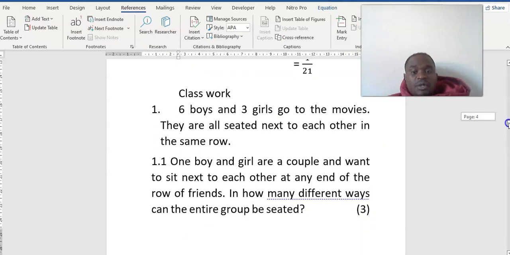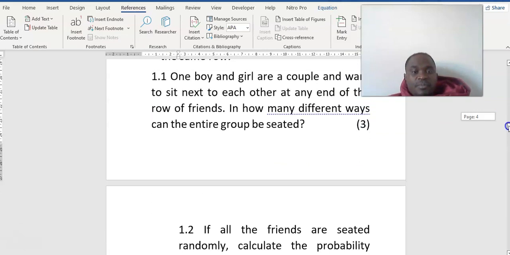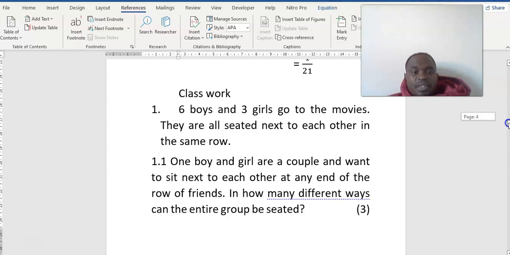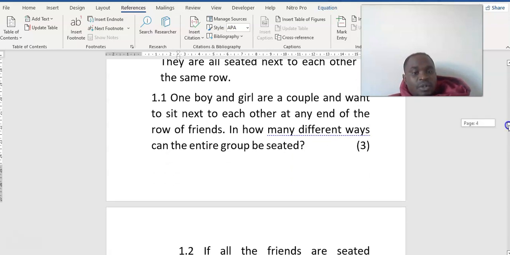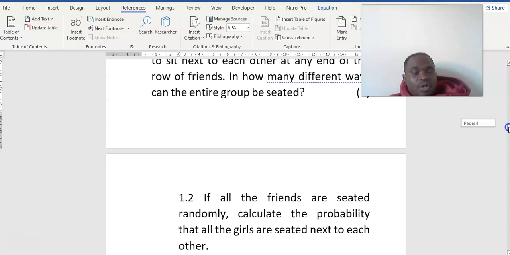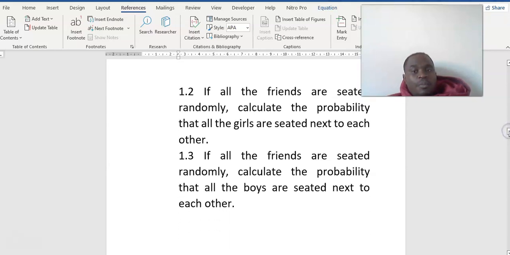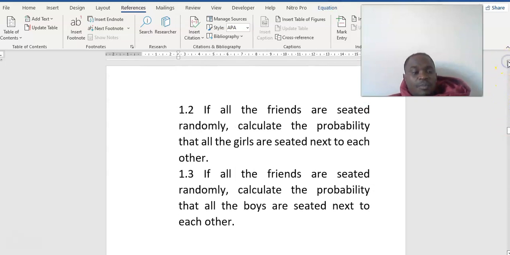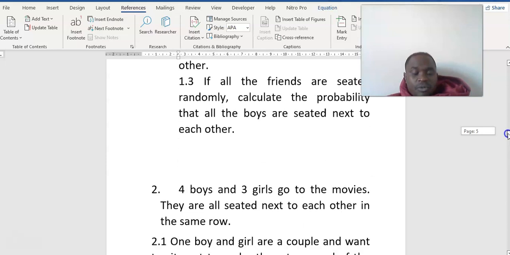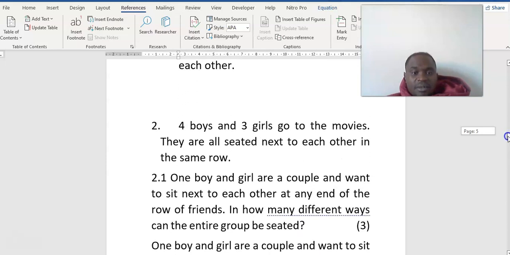Okay, so this is going to be your classwork. You do it for me. Take your time, pause the video, copy it nicely, then continue like that. I'm moving slowly. When you are done copying, you continue like this.